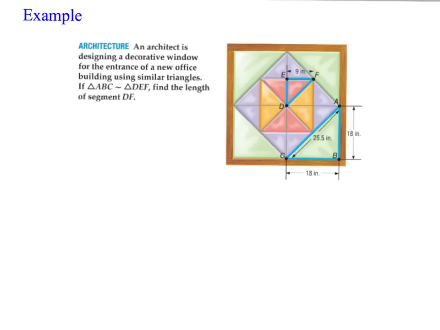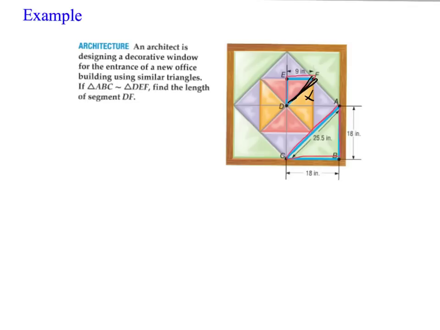Alright, so here is a word problem. An architect is designing a decorative window for the entrance of a new office building using similar triangles. If triangle ABC here is similar to triangle DEF here, find the length of the segment DF. We're trying to find this guy here, so we're going to name that X. So we want to set up our proportions.